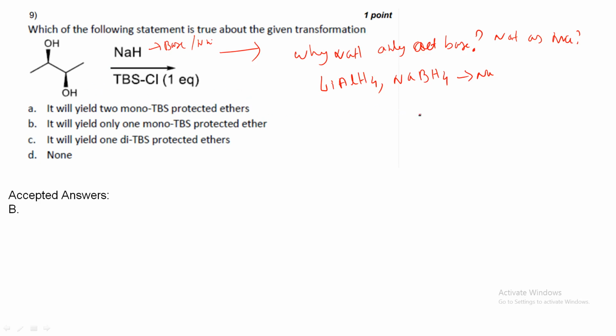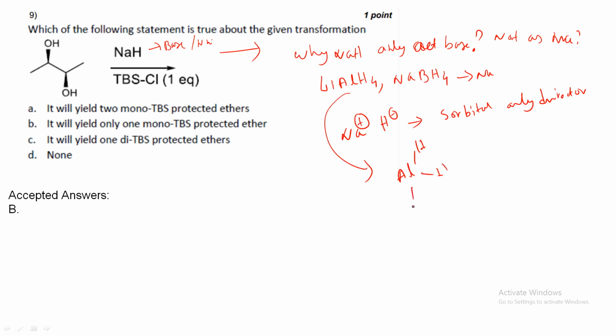So why is that? For sodium hydride, it is just this. This kind of interaction is there, and it is ionic. H minus only has an s orbital, and an s orbital does not have any directional property. So that's why it cannot act as a nucleophile. Whereas when we use this kind of thing, here it is hybridized.